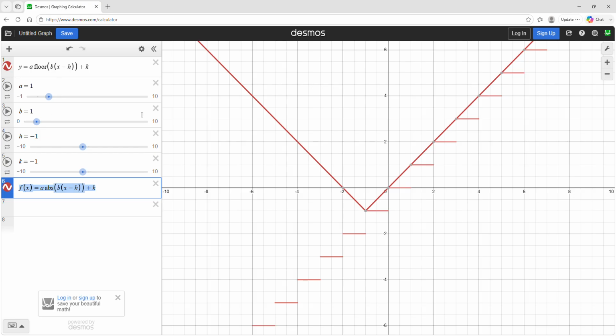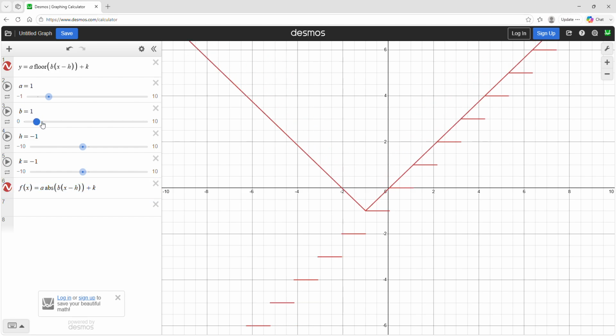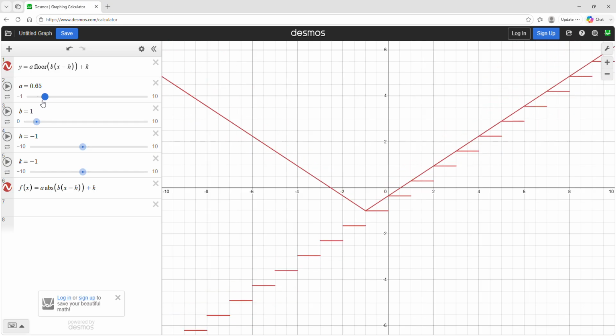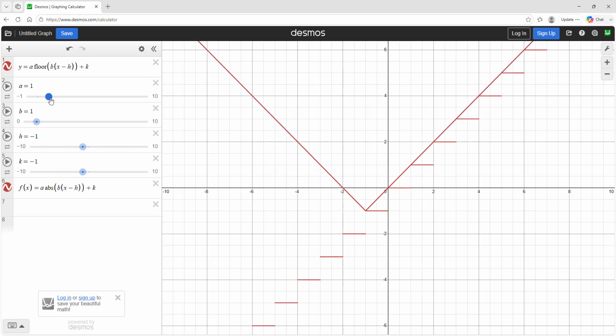Remember, if you're ever having trouble with these, always put a floor graph on, because it's really easy to see what's compressing, what's stretching, much easier than any other graph. Absolute value graphs, especially when you start doing A and B, you're like, well, which one's a stretch, which one's a compression, especially if you don't have these guys, right? So keep that in mind as you continue to do these.